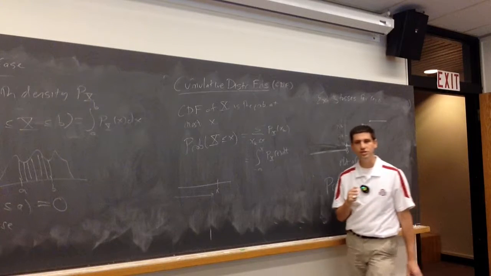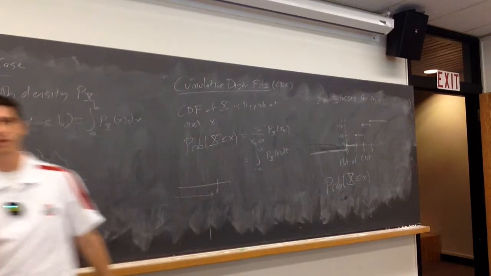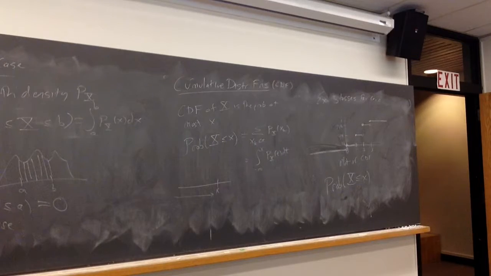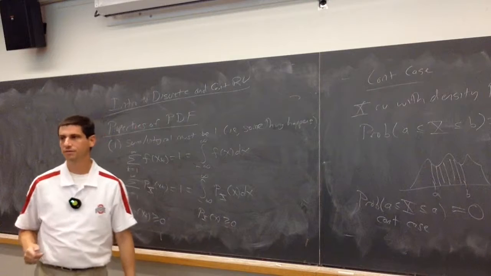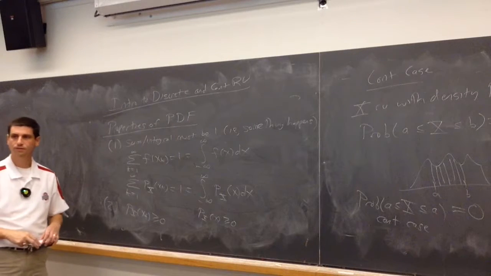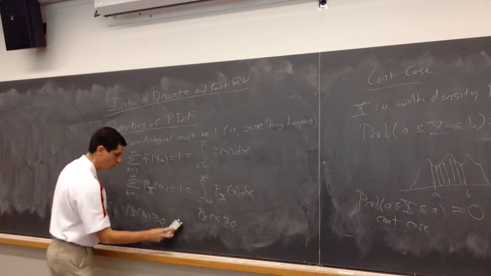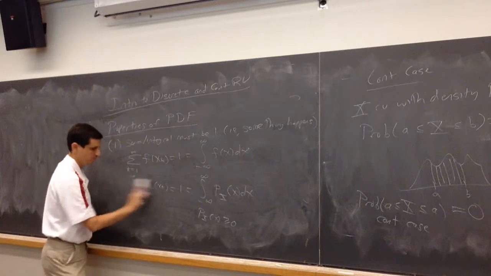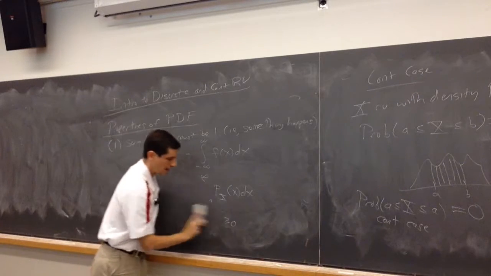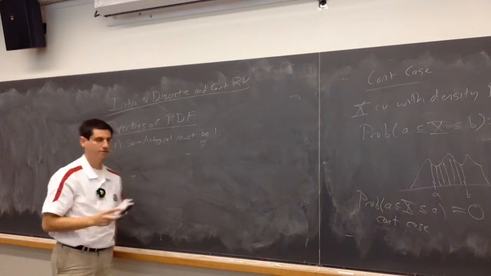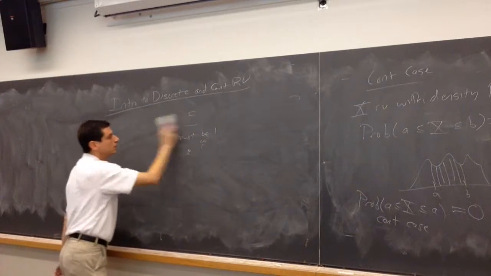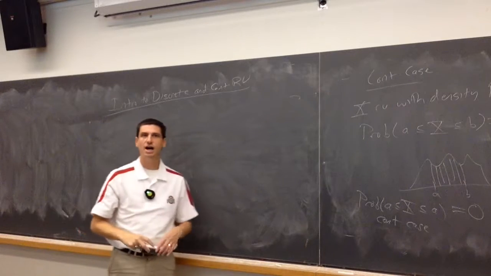When you did calculus, you hopefully had good notation at some point, right? What kind of notation did you use when you were integrating? If I gave you a function f, how did you represent the antiderivative? Capital F.